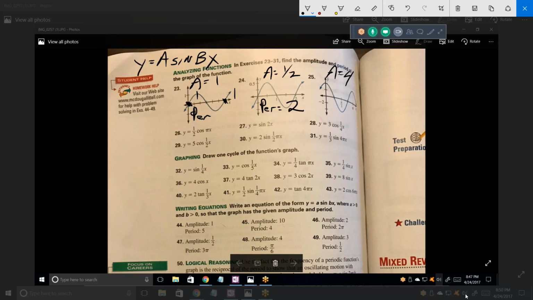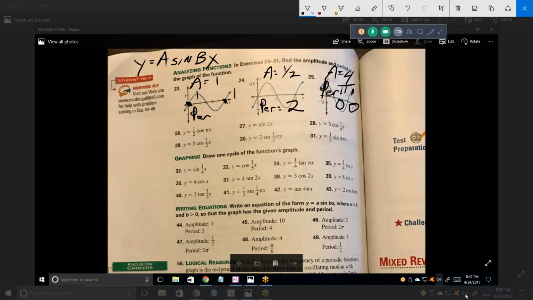You can barely see it on here. Now this one you can go peak to peak. In other words, go from that peak to that peak. Read that? That's pi right there. Well, that's pi over 2. That's halfway. So that period is pi.